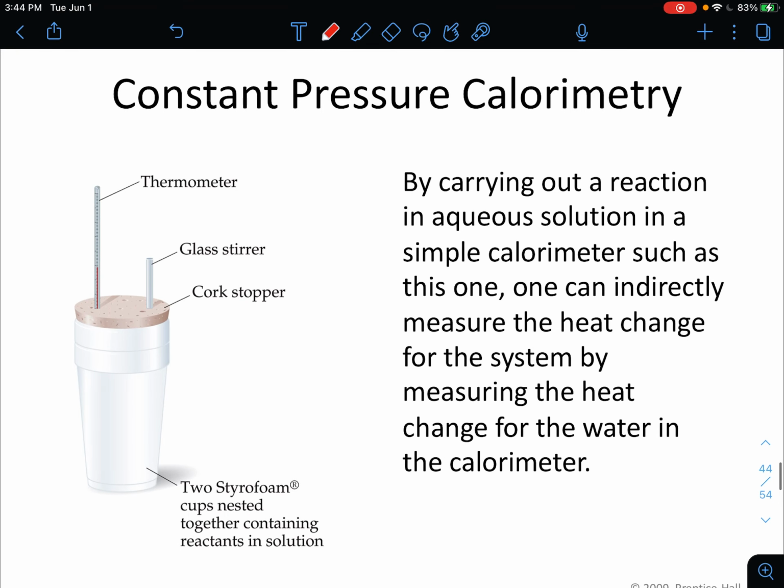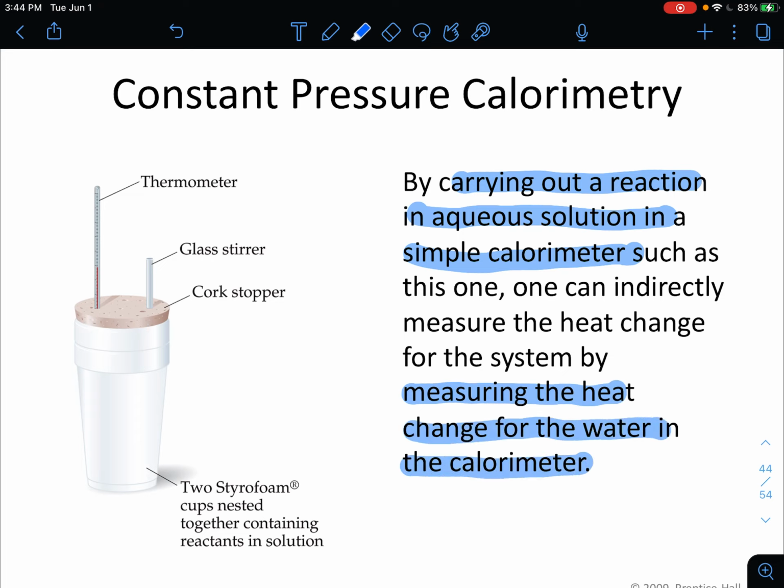So what I was telling you earlier is this coffee cup assembly could be suitable for doing certain chemical reactions. If we were using like water as the liquid, as the solvent, then that would be totally appropriate. So it says if we were carrying out a reaction in aqueous solution in this simple calorimeter, we could indirectly measure the heat change for the system by measuring the heat change for the water in the calorimeter.